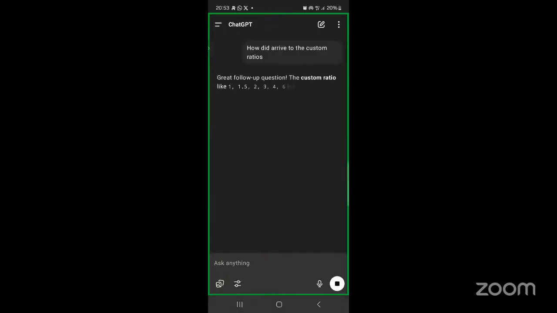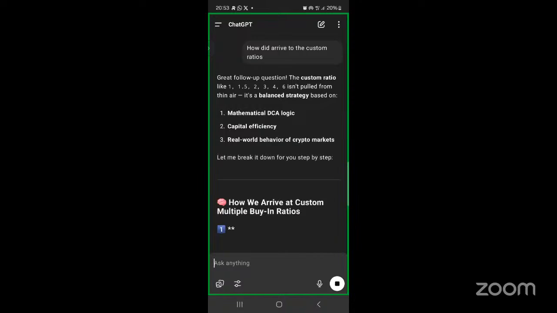The custom ratio like 1, 1.5, 2, 3, 4, 6 isn't pulled up from the air. It's a balanced strategy based on mathematical DCA logic. Remember, this is mathematics. It is based on mathematical DCA, dollar cost averaging logic.